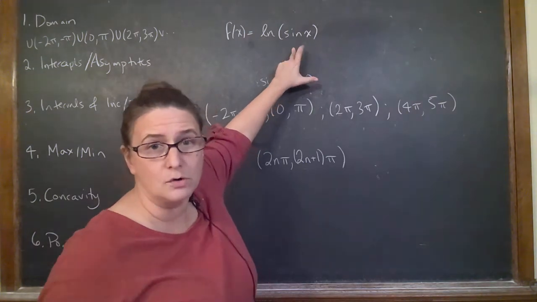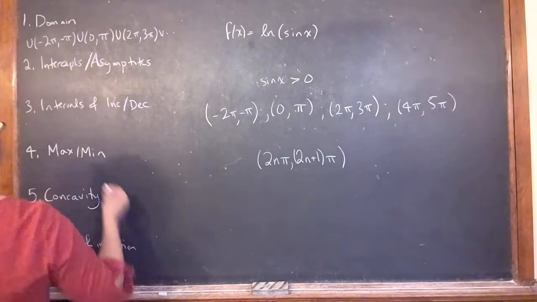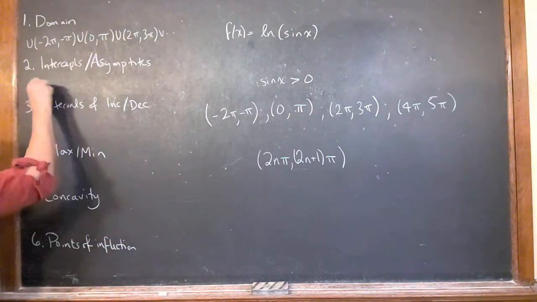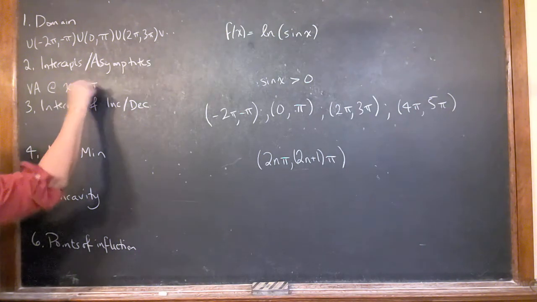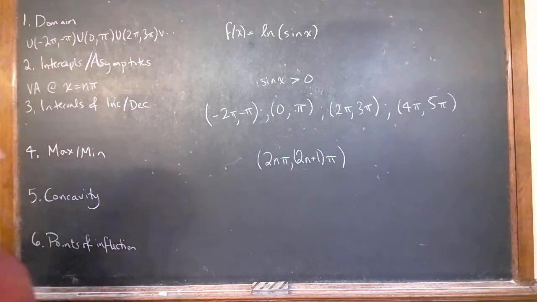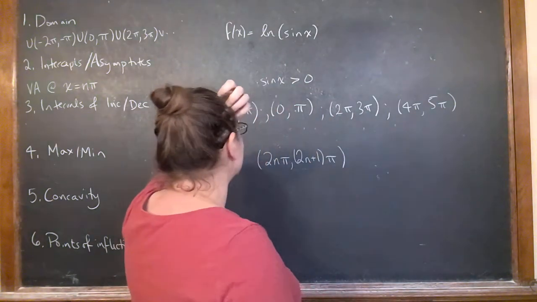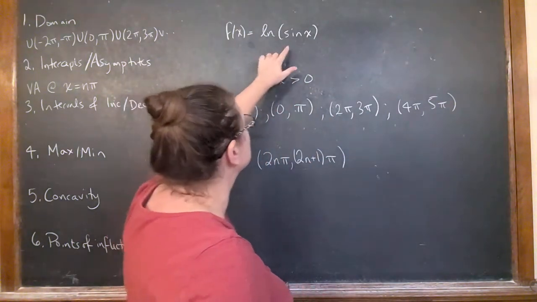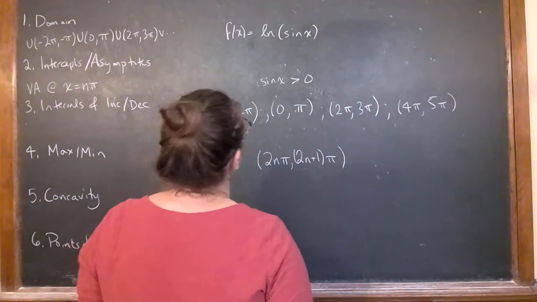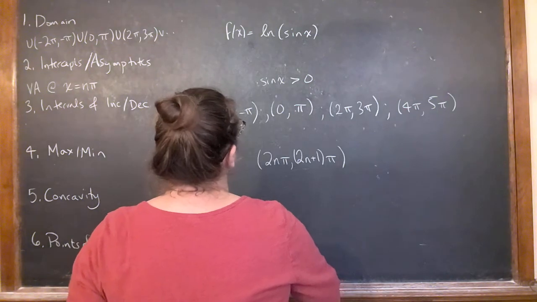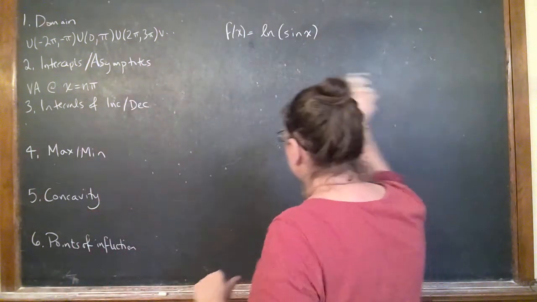So you are going to have vertical asymptotes at each value of n pi, because my function here is going to be approaching 0, so the natural log is going to be going to negative infinity.